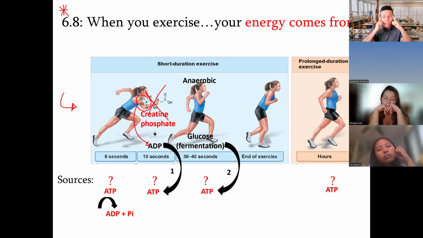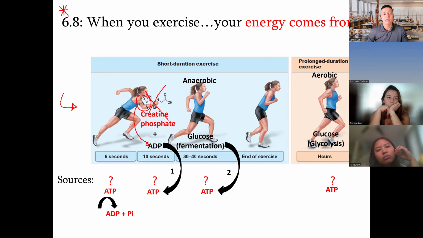Now your body will adjust to that level of activity. And instead of taking the glucose and sending it through fermentation, the skeletal muscle cells are going to take the glucose and send it through glycolysis, which is, again, a different pathway. And glycolysis, different from fermentation, is an aerobic process.